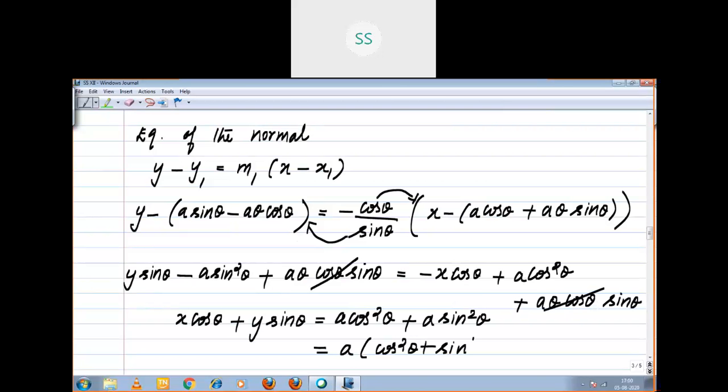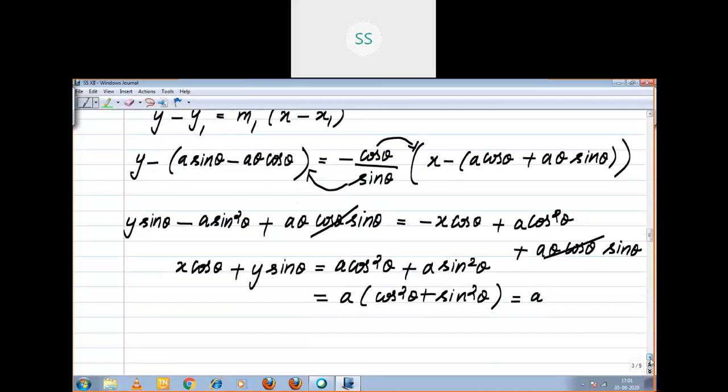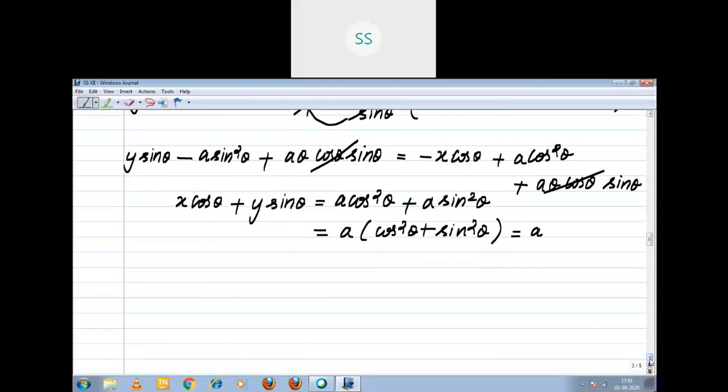So you can arrive at the result a. This is your equation of the normal. But what is given? The distance from the origin is a constant. Here they mentioned the normal, so the distance is nothing but the perpendicular distance.